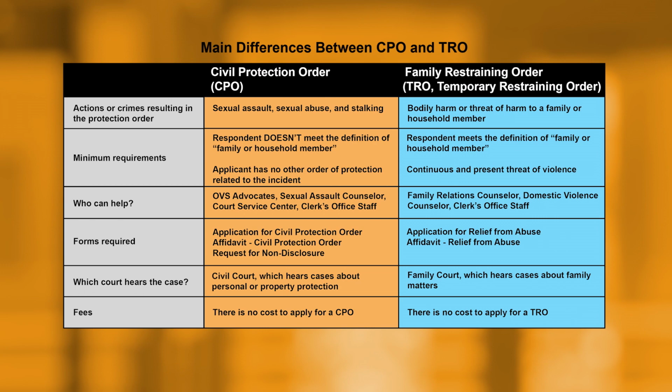The first major difference between a TRO and a CPO is that the type of order you apply for is determined by whether or not the respondent meets the definition of a family or household member. So it is important to define who this person is.